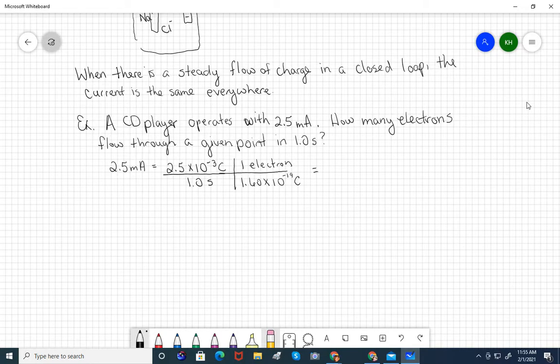If I do this process, it comes out to be 1.6 times 10 to the 16th electrons per second. And you can see the coulombs will cancel out. We just had to change the charge in coulombs into the number of electrons.